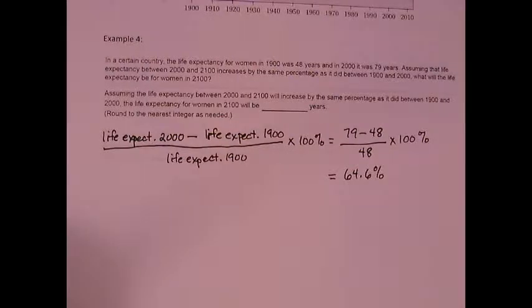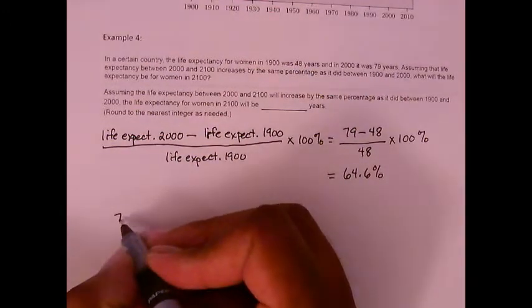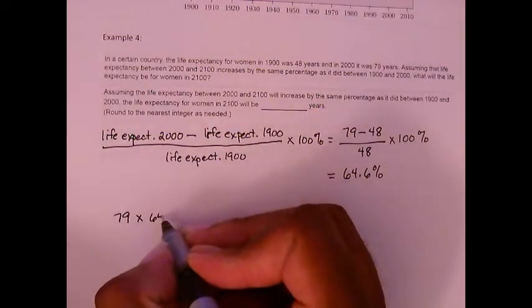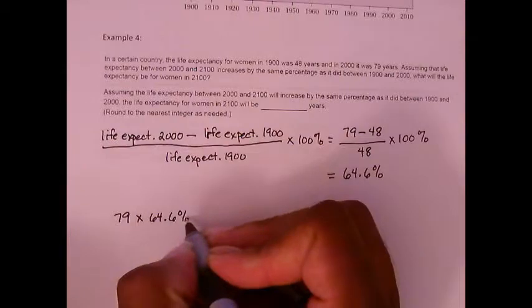Now the other part of the question is this. Assuming that the life expectancy between 2000 and 2100 will increase by the same percentage as it did between 1900 and 2000, the life expectancy for women in 2100 will be how many years? Well, if the life expectancy in 2000 was 79 years, let's take the 79 years and multiply that by 64.6%.